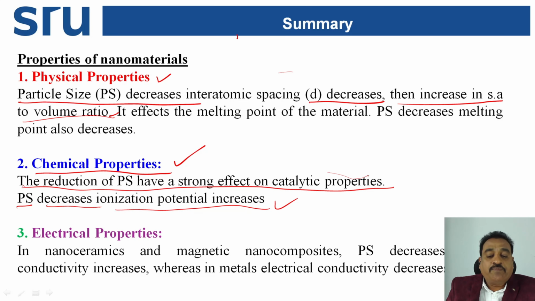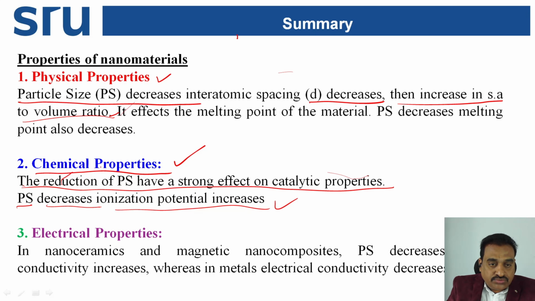The ionization potential at small sizes is higher than that for the bulk material. Small particles may be very useful in hydrogen storage devices in metals.